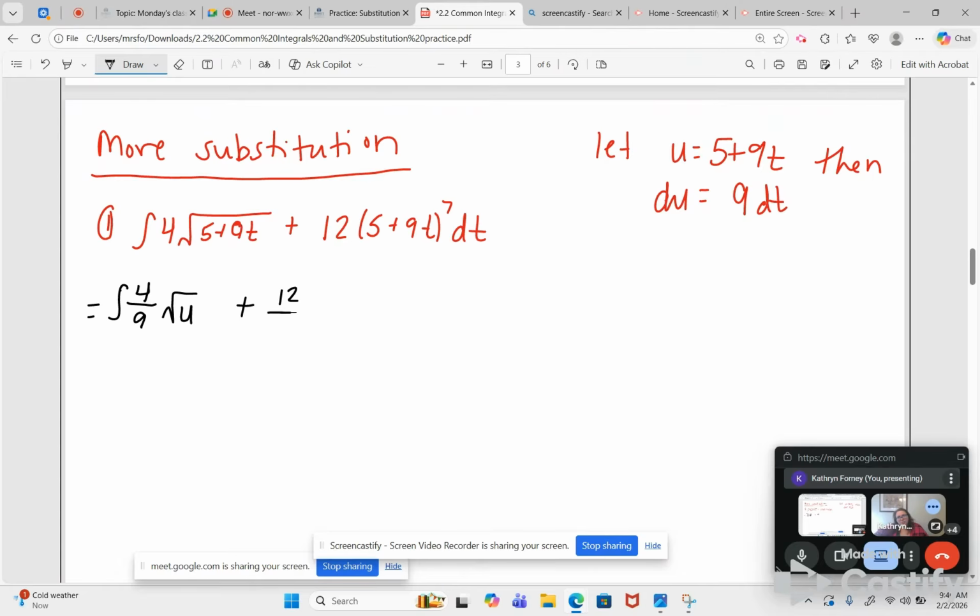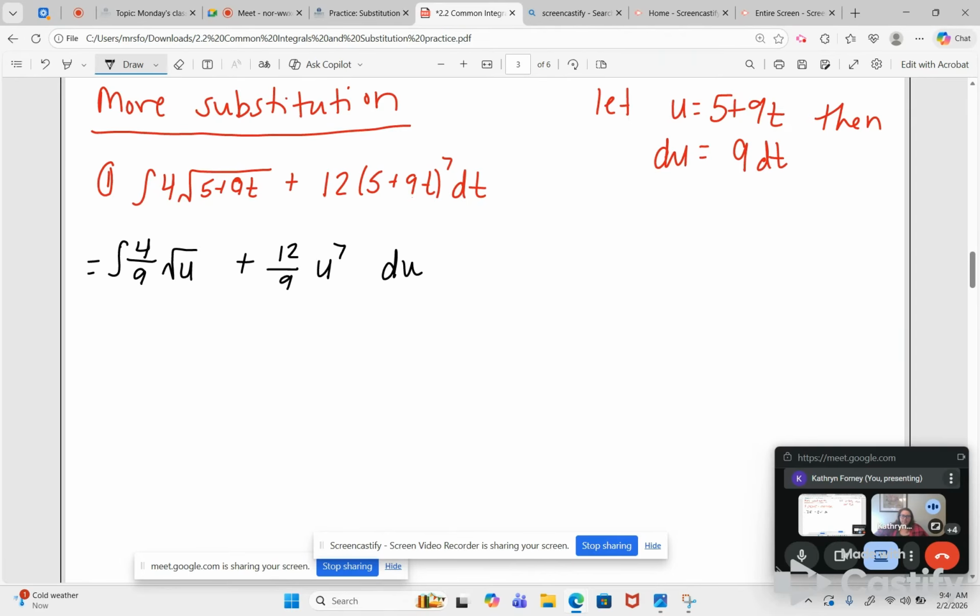So I would say 12 divided by 9, u to the 7th du. Now, I know this 12 ninths can be simplified, and we will. But I want to now kind of clean this up. 12 ninths is the same as 4 thirds.